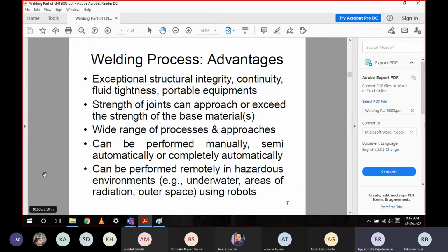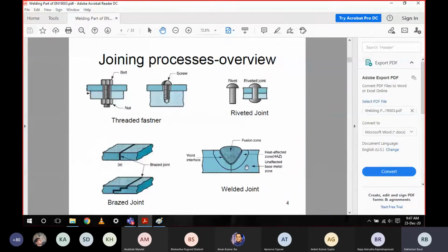So actually, surface tension is so weak, how does it affect fluid tightness? See this figure. These are two parts, and this one is the liquid metal.